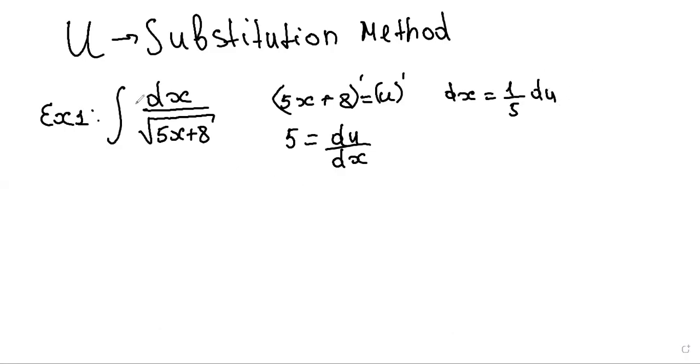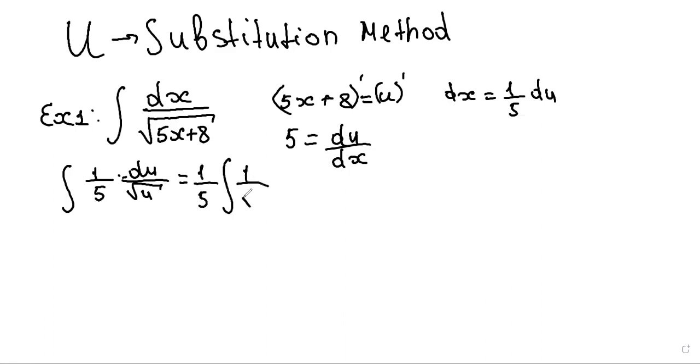So our integral will be converted into something like this. Instead of dx, we will write 1 over 5 du. So that will be the integral of 1 over 5 du divided by the square root of u. We know that we can take the constant 1 over 5 out of the integral, so we have 1 over 5 times the integral of 1 over the square root of u du.